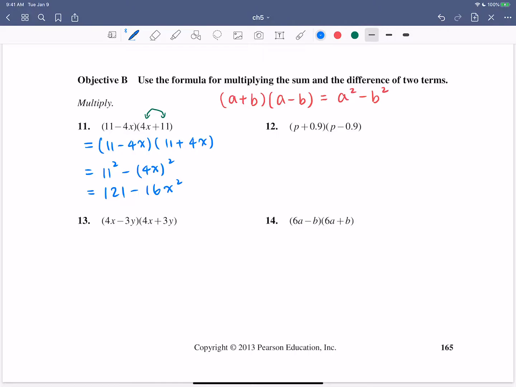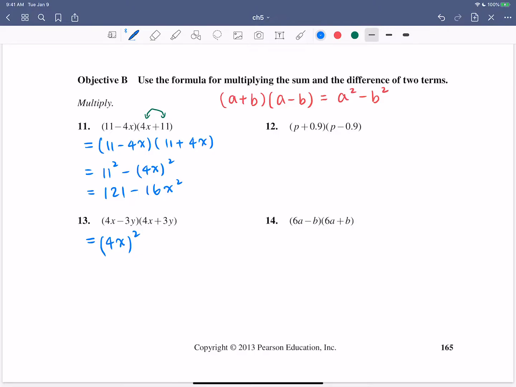Number 13. Good thing about this is it's already in the desired form, a minus b times a plus b. So we don't need to rewrite the original expression. We can apply the formula right away. When you apply the formula, make sure that you square the first term, which is 4x.